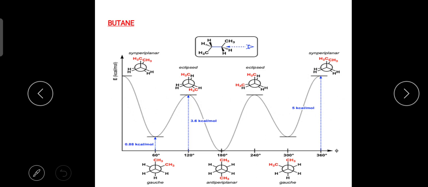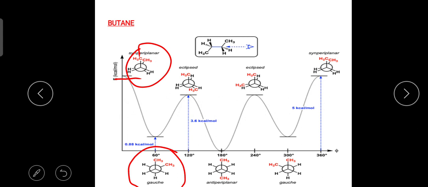So in this completely eclipsed structure, you can find the energy is higher compared to all other conformers. And when this eclipsed structure is rotated about 60 degrees clockwise, it transforms into the gauche conformer.